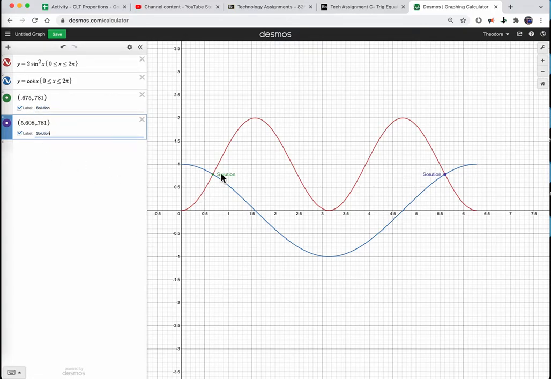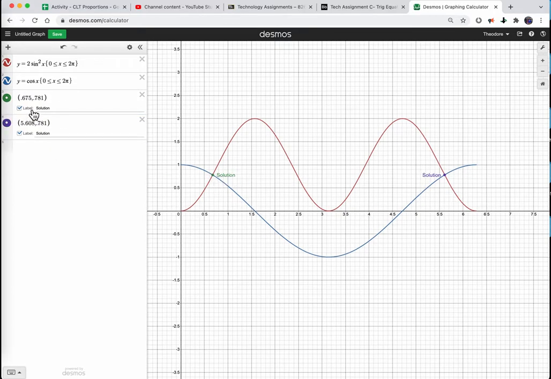All right. You don't need the numbers to show up on the graph because they're off on the side here. All right, so we know what the solutions are.